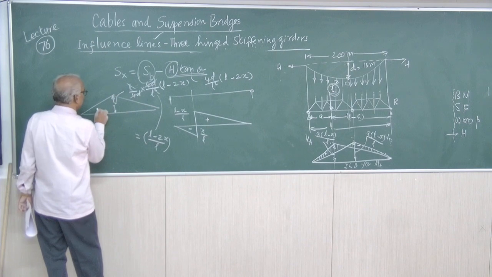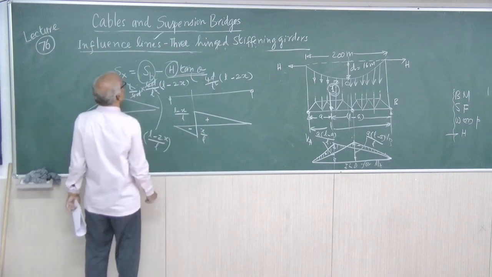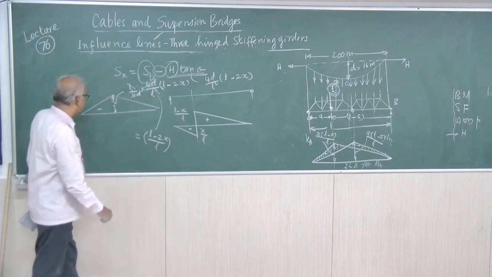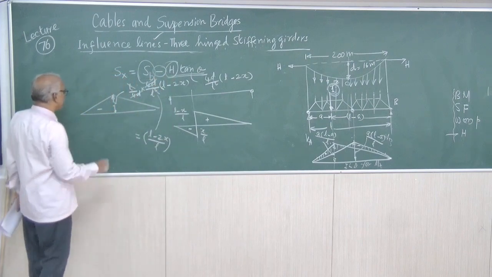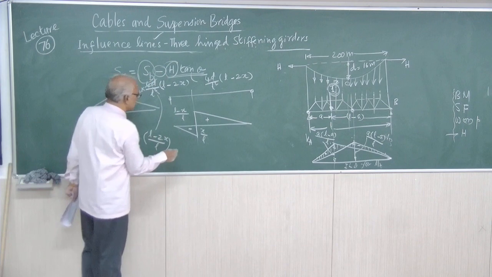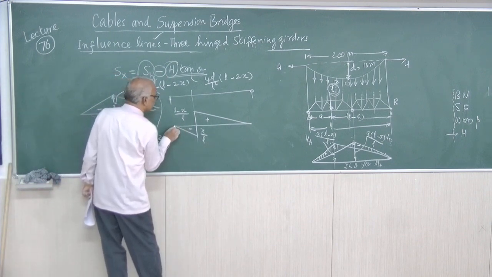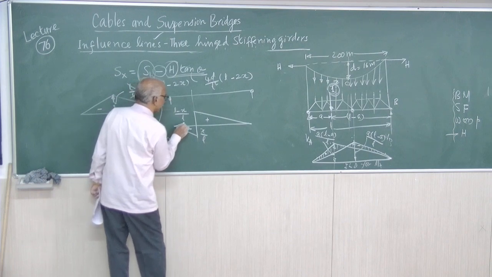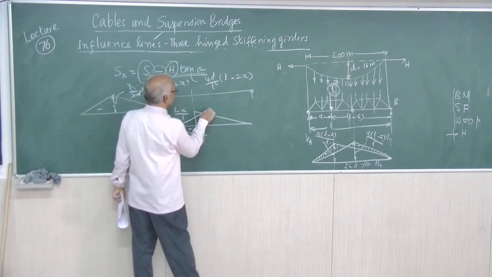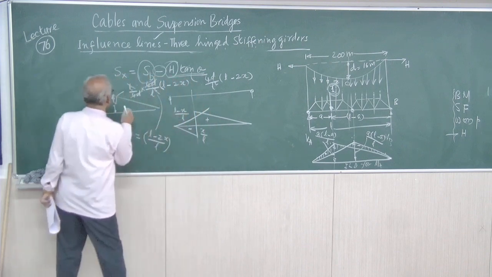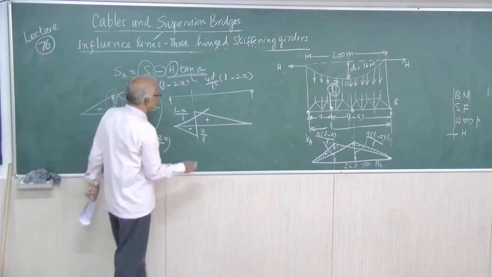So it is SB minus H tan theta. Minus and minus will coincide, so this is minus up to the center, because this ordinate is maximum at the center.